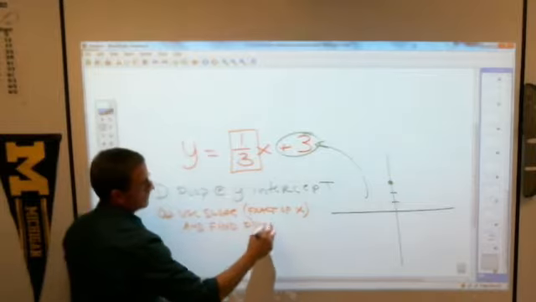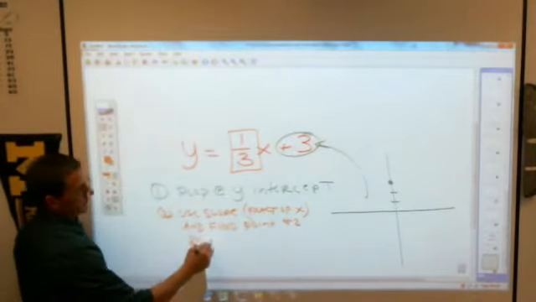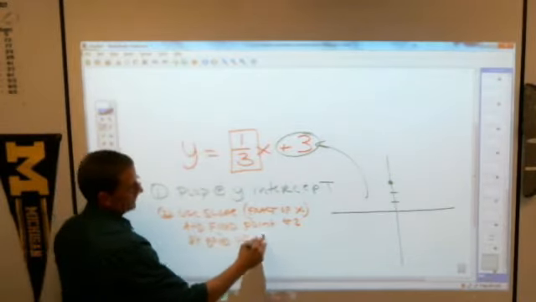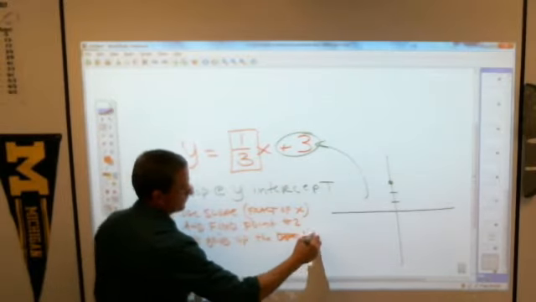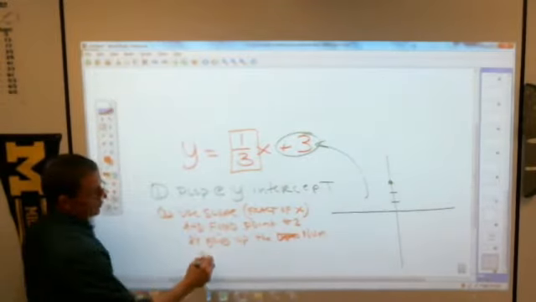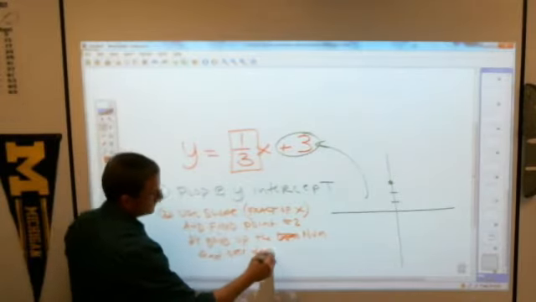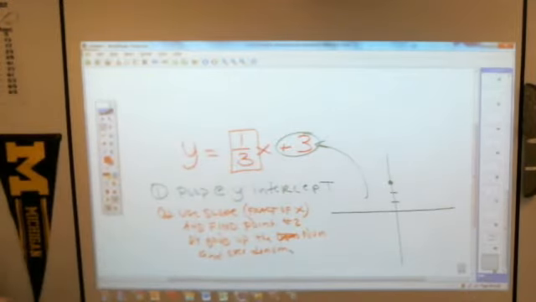Find point number 2 by going up the numerator and over the denominator. See if you can catch on to that.